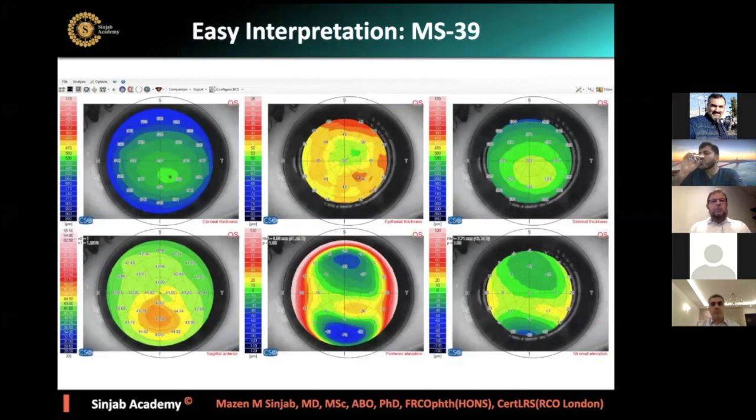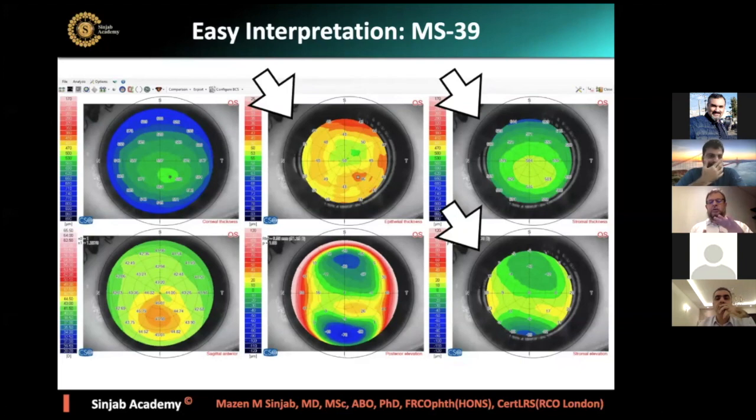Now, we come to the MS39. The MS39, as I said before, gives additional 3 maps, which are the epithelial thickness map, the stromal thickness map, which means that it shows the rest of the cornea without the epithelium, and the stromal elevation.